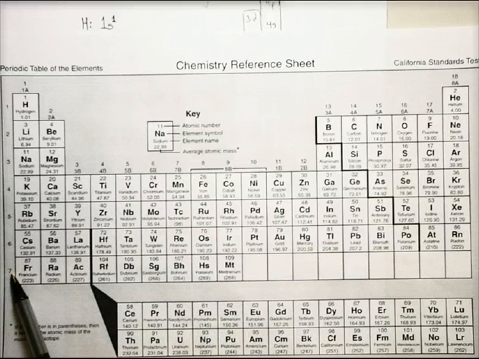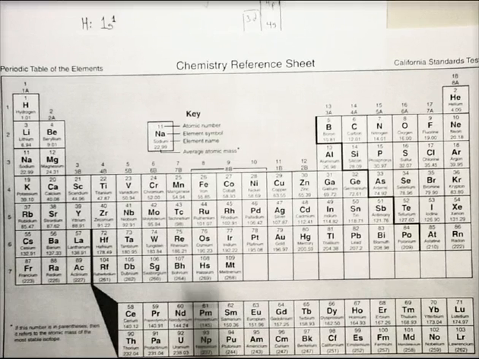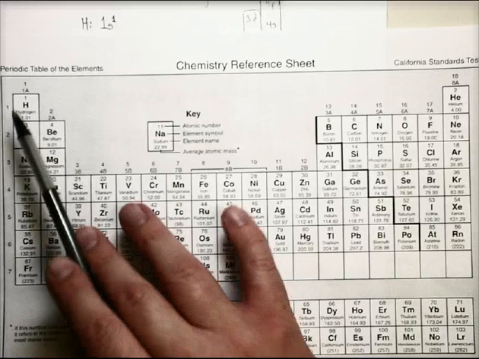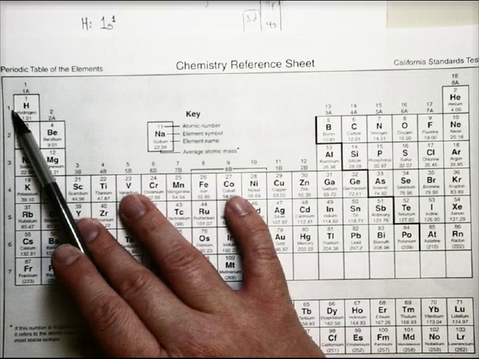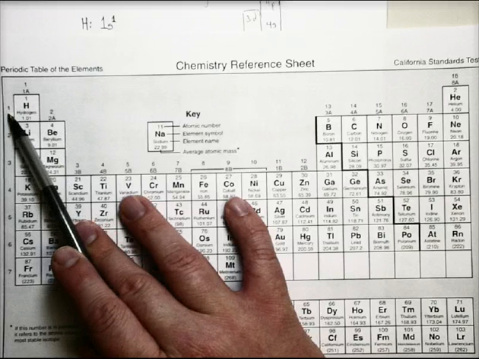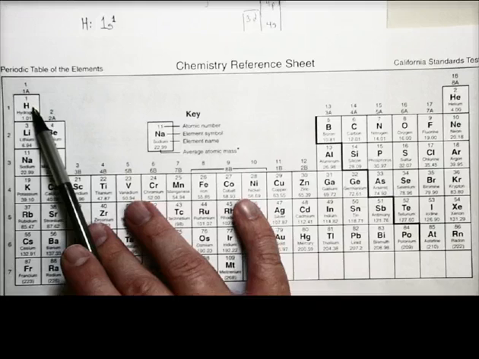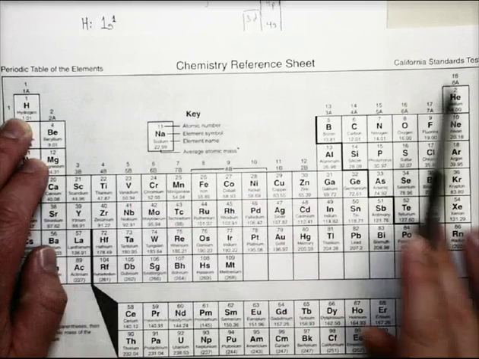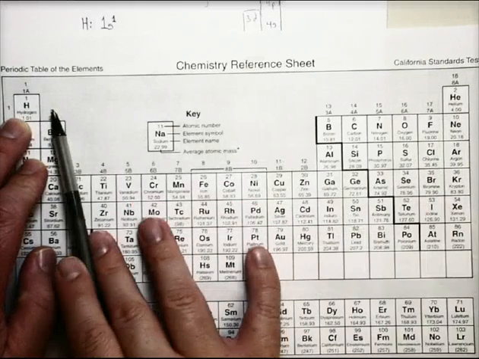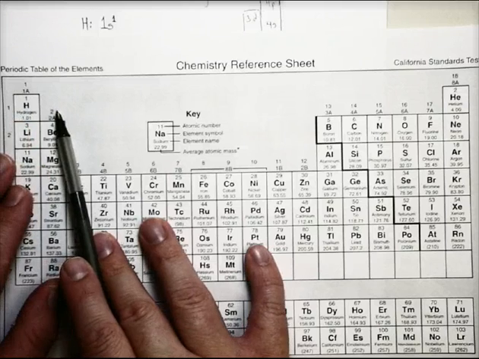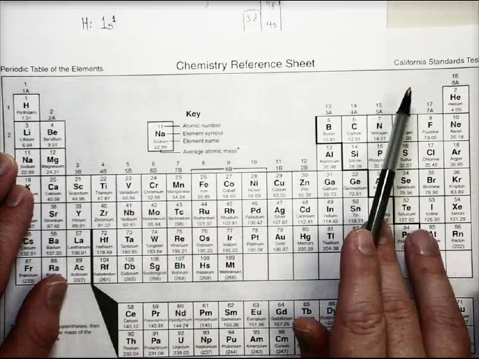To find out where you're going, start with hydrogen, and you're in the first energy level because you're in the first row, and this starts in S. So there's 1s1, 1s2. You can think of helium as being split over here for these purposes. And then once 1s is filled up, we're going to 3. Now we go 2, and we're in the S area. So 2s is the next thing to fill up.